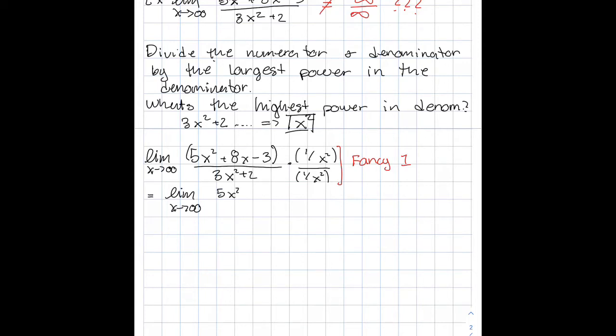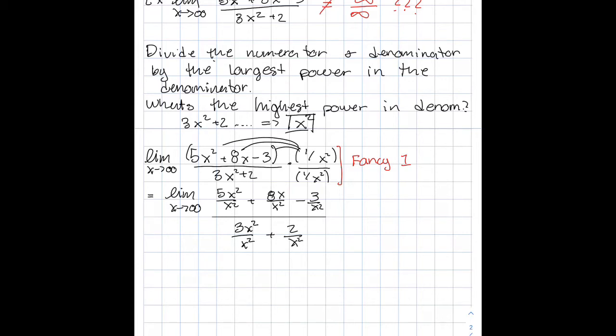So 5x squared divided by x squared. I can distribute it to each term, just like I would if it was a number. All right, so now every term is divided by x squared, which is what we wanted.